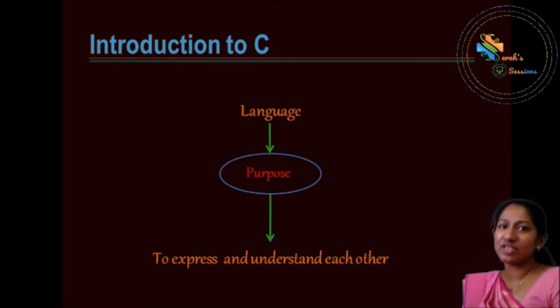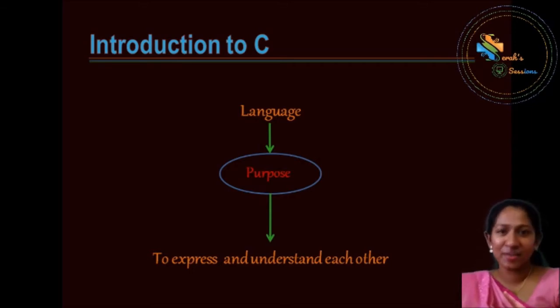We will be very happy when we see someone who talks our mother tongue, to talk to them, to understand them and all. But if we see someone whose language we are not familiar with, it will be very difficult for us to deal with them.